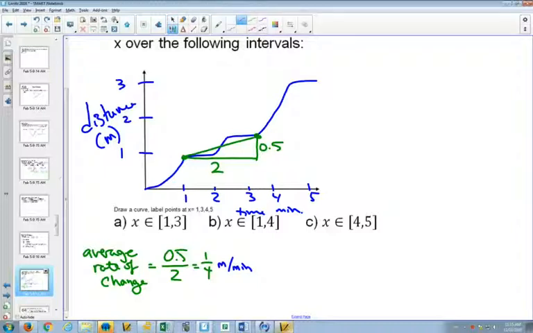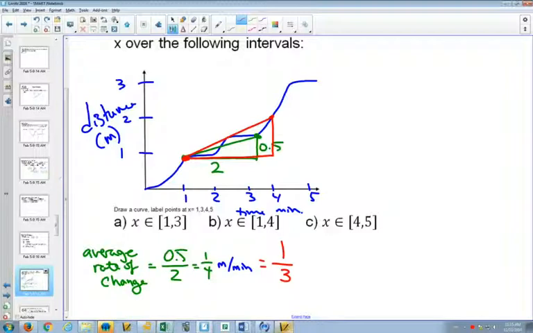Now, if we wanted to find the average rate of change from 1 to 4, well, then we would go 1, and we would do 4, and here our run is 3 now, and it looks like we're going up 1. So that would be the average rate. It's a little bit faster at this point.